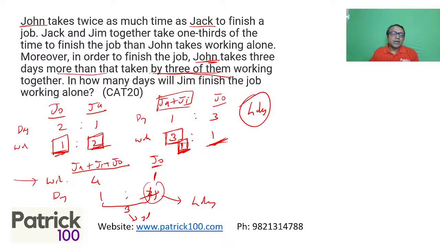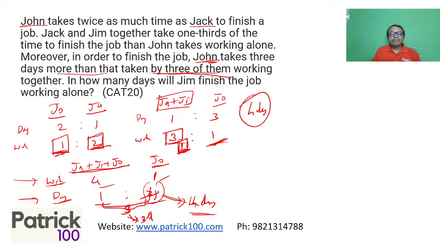Now again, coming back, work done by all three and John is 4:1, because 2 plus 1 plus 1 is 4 and John alone does 1 work. So days taken is inversely proportional, 1:4. Difference of 1 and 4 is 3. 3 stands for 3 days. So John alone, 4, will stand for 4 days.